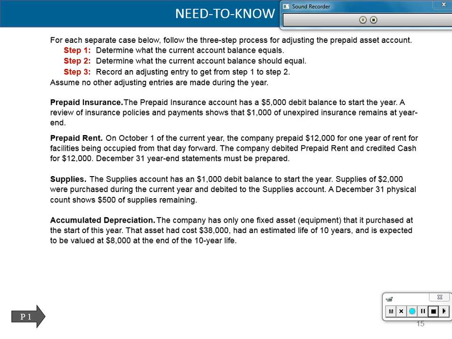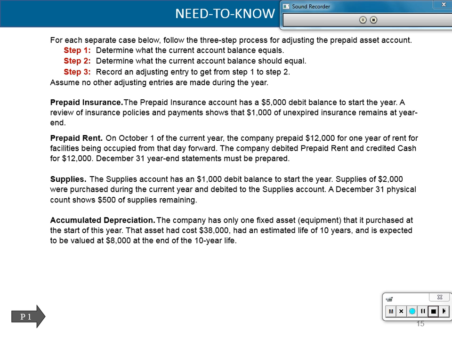A review of insurance policies and payments shows that $1,000 of unexpired insurance remains at year end. So that means we used how much money of that prepaid insurance? How much? 4,000, because there's still 1,000 left, right?